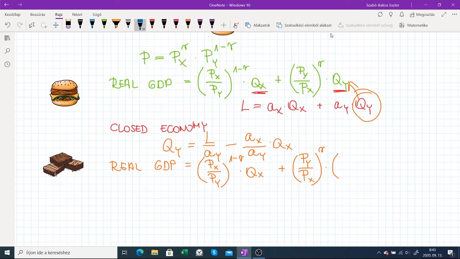And the expression for the Qy is L over Ay minus Ax over Ay times Qx.